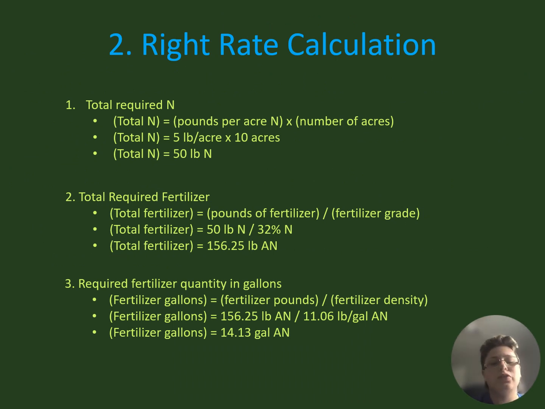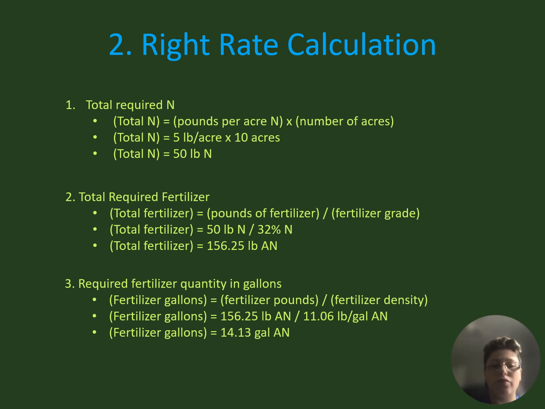Now here in the next two slides, I will go over the right rate calculation. To determine your right rate of fertilizer for your crop, given the area, this is how you should go about it. Step 1, you should find the total nitrogen required for your plant. In step 2, you will find the total required fertilizer based on the components of your fertilizer.